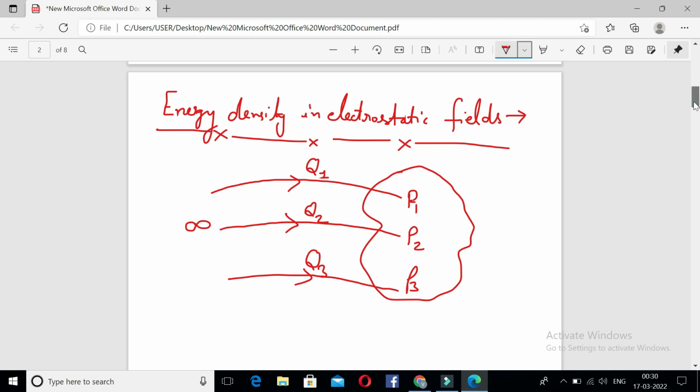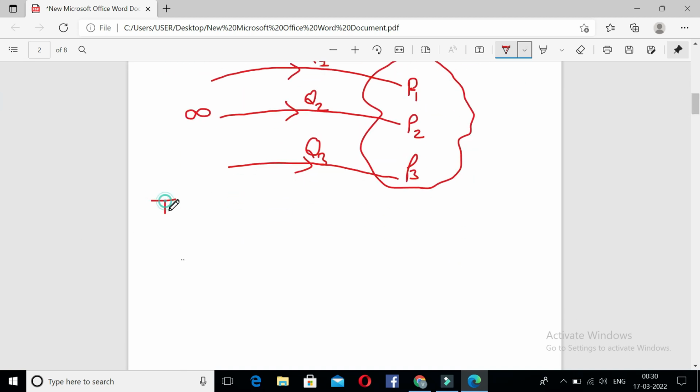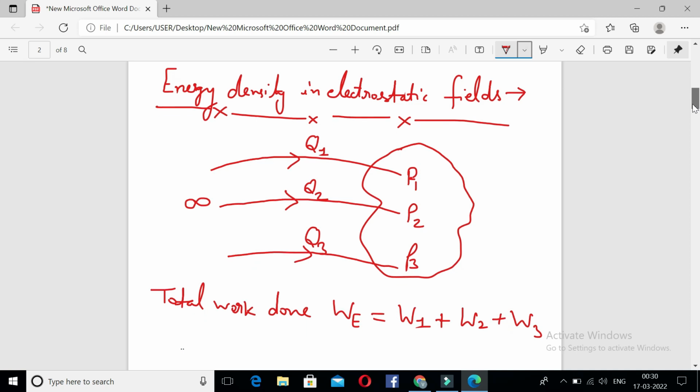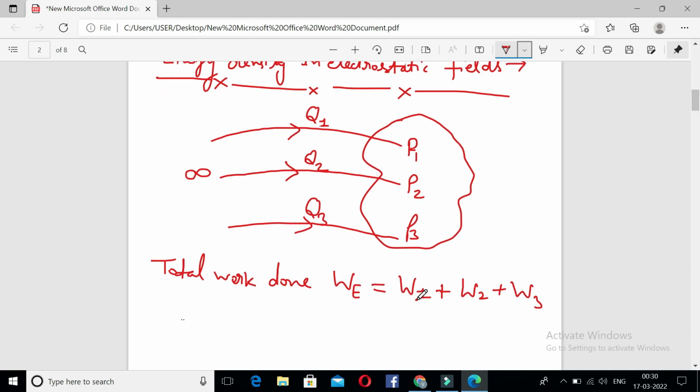Now, the total work done will be WE equal to W1 plus W2 plus W3, because during W1 the system will be at rest, or we can say the initial value is there, so the work done will be 0.